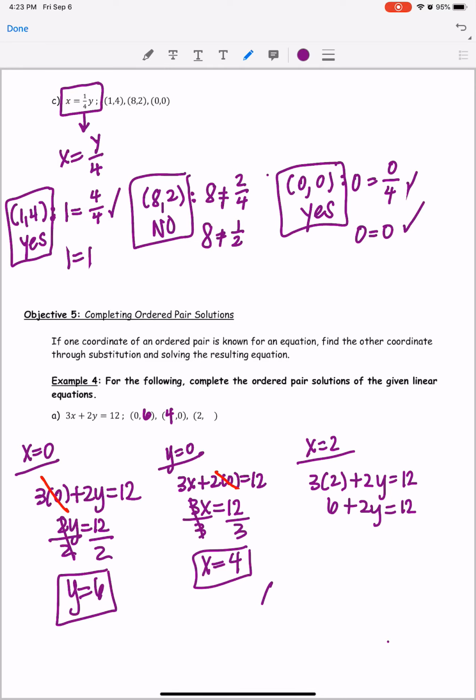Opposite of a positive 6 is a negative 6. So subtract that from both sides of your equal sign. These cancel. So I'm left with 2y equals 12 minus 6 is 6. Divide by 2. And you get y equals 3.